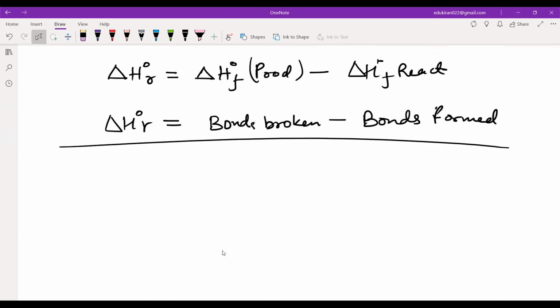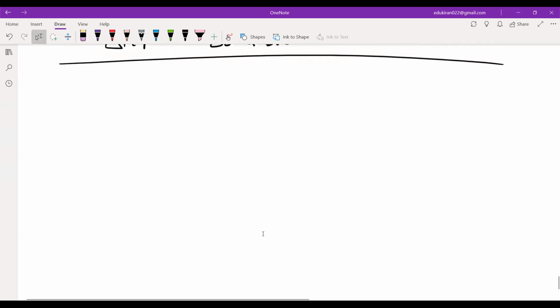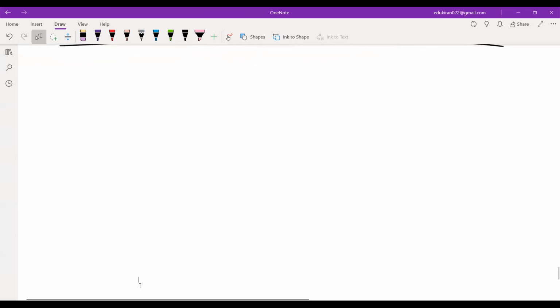Okay, so these are the two most important equations. Next, we are again going a bit back towards the thermodynamics part. Okay, so this was thermochemistry.